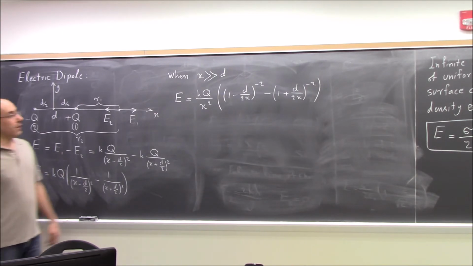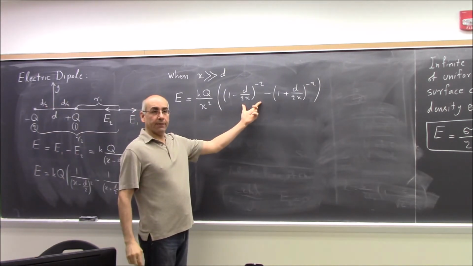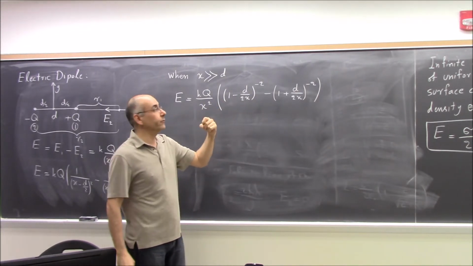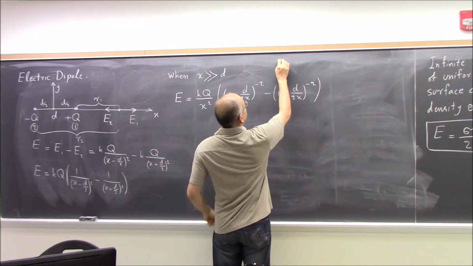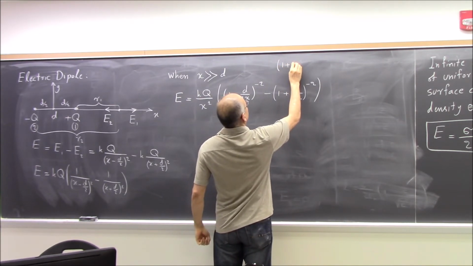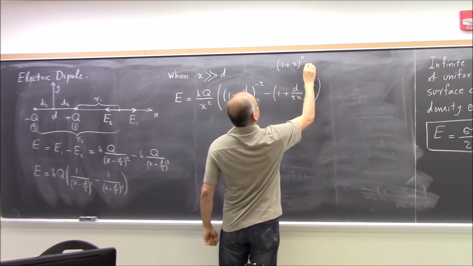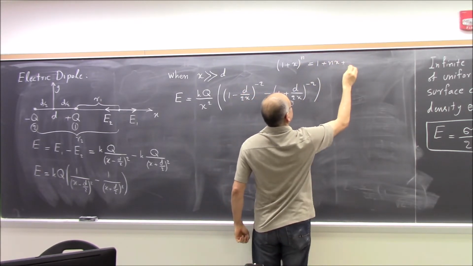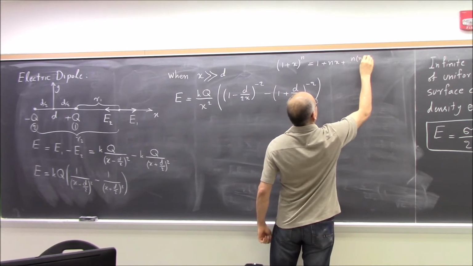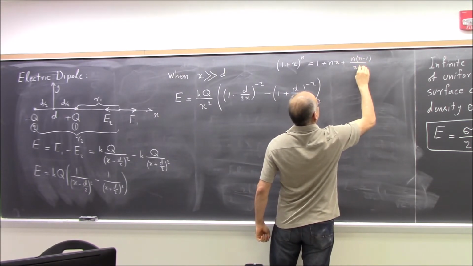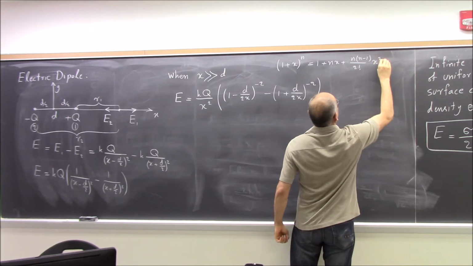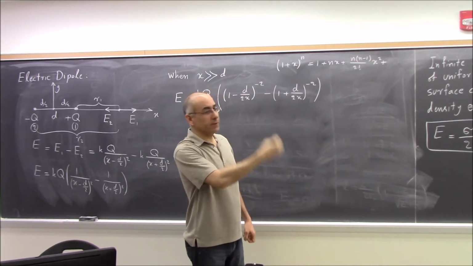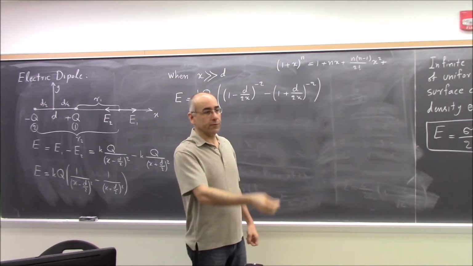And now I want to use the binomial theorem again. Remember, the binomial theorem for approximations in physics is very important. The binomial theorem says if you have (1 plus x) to the power n, it is 1 plus nx plus n times (n minus 1) over 2 factorial x squared plus n times (n minus 1) times (n minus 2) over 3 factorial times x cubed and so forth.